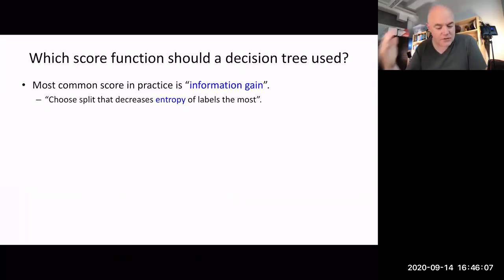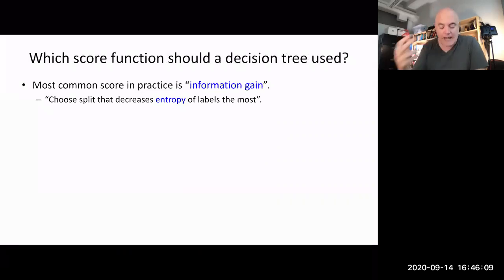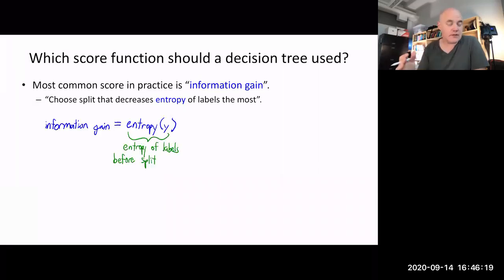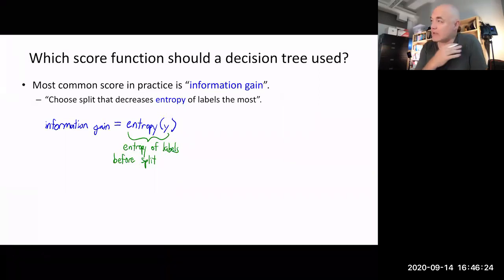So the question is, which score function should a decision tree growing algorithm actually use? The most common scoring practice is called information gain. What we do instead at internal nodes is choose the split that decreases the entropy of the labels the most. We talked about entropy the other day. The entropy of a set of values: we go through the set, compute the proportion, the estimated probability of each value, and then compute the entropy of that empirical distribution.